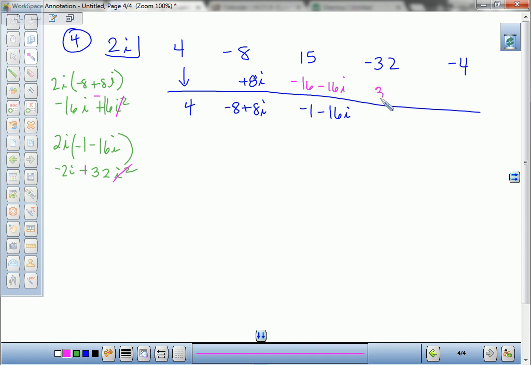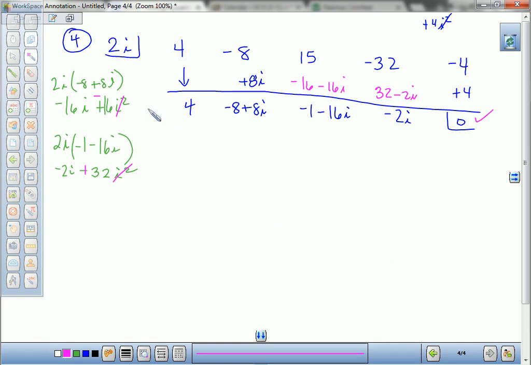So now I've got 32 minus 2i. So the positive and the negative cancel, and just leave me with negative 2i. So a negative 2i times a positive 2i is negative 4i squared, which is positive 4. And I get my first check step. 0.